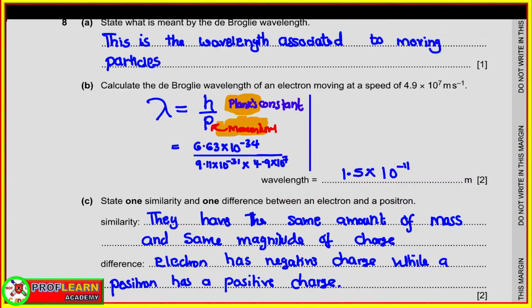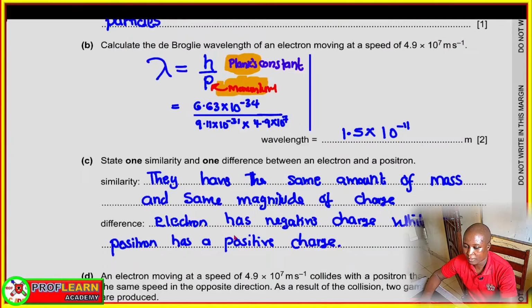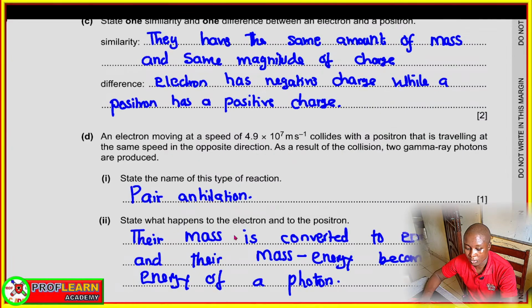When we have diffraction, that's what we call the wave nature of particles. But also when we have photoelectrons being emitted from the metal surface, that also shows electrons behaving as particles.